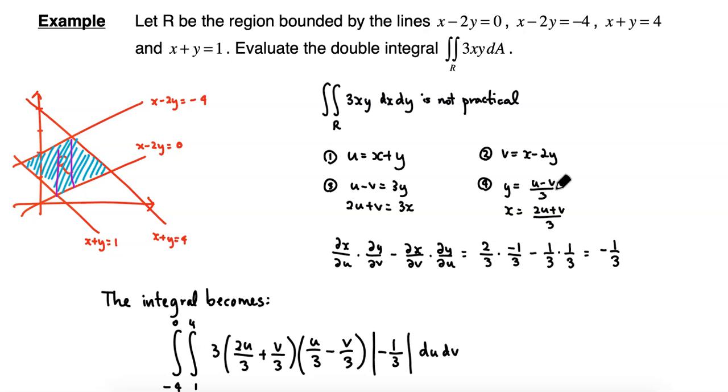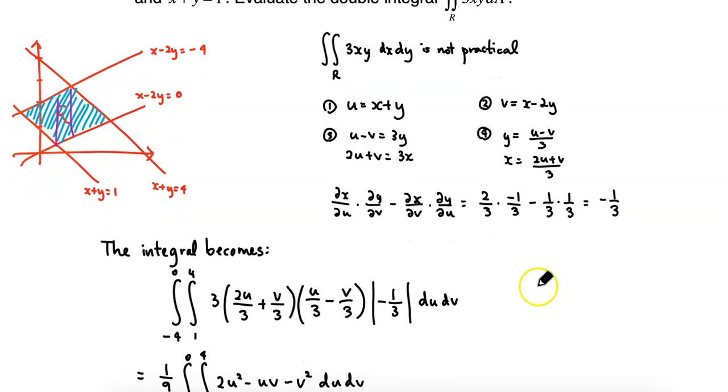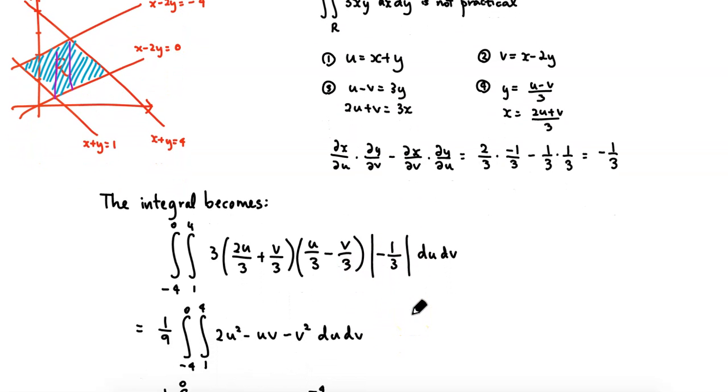It's easy from here to figure out that partial x partial u is just 2/3, and so on for all of these partial derivatives. The Jacobian ends up being equal to -1 over 3. Keep in mind that when we put the Jacobian into a double integral by changing the variable, we want the absolute value, so it becomes +1 over 3.